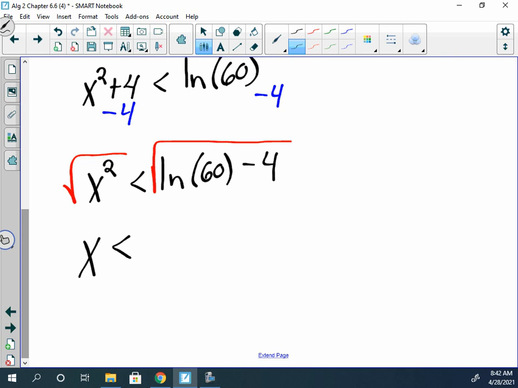Now, whenever we take the square root of both sides, we always have to add what? The plus or minus. The plus and minus, because when we take the square root of both sides, we have the plus or minus. But what's interesting is with inequalities, we actually end up getting 2 statements.